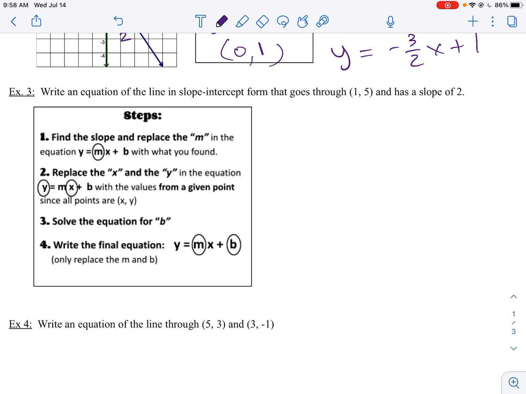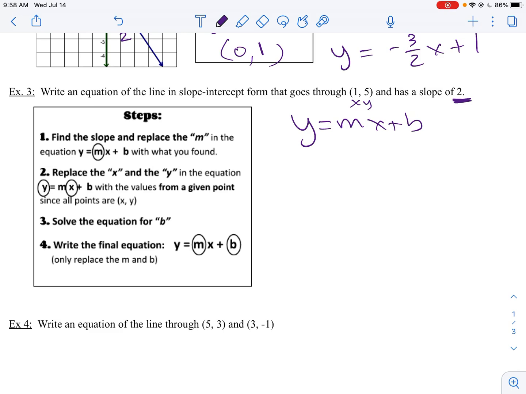Okay, write an equation of the line in slope-intercept form that goes through these 2 points. So I have y equals mx plus b. Right now we have a slope of 2, and we have an x and we have a y, so we need to find the b value.